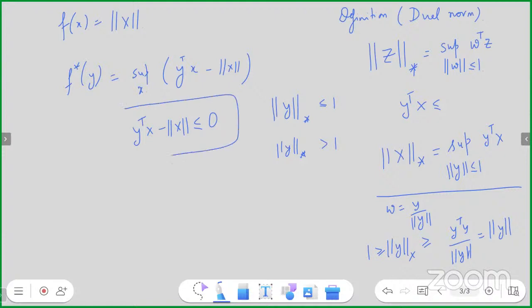This is what I want: y transpose x is less than or equal to the norm of y times the norm of x. How do I know that? It's true, but how do I know that?